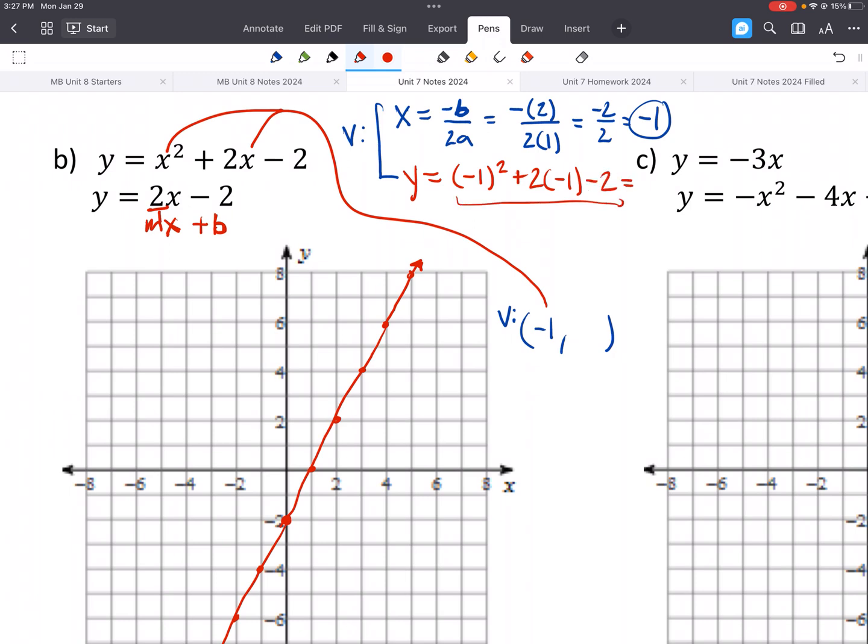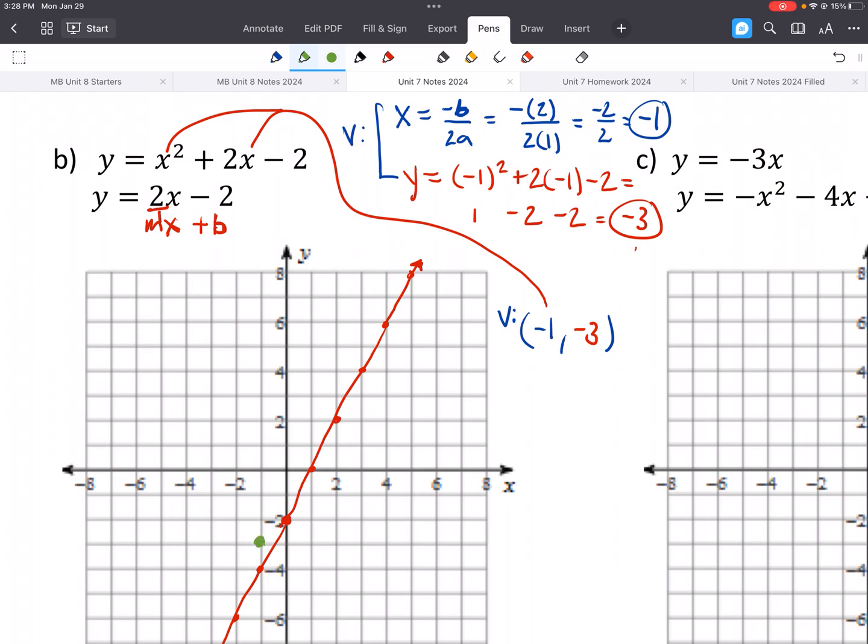Again, you could use your calculator here if you wanted to. It's not too bad though. I think this is just 1 and then -2 minus 2, which would give us -3. So now we have our vertex, (-1, -3). We're going to plot that, so (-1, -3), which would be right here.